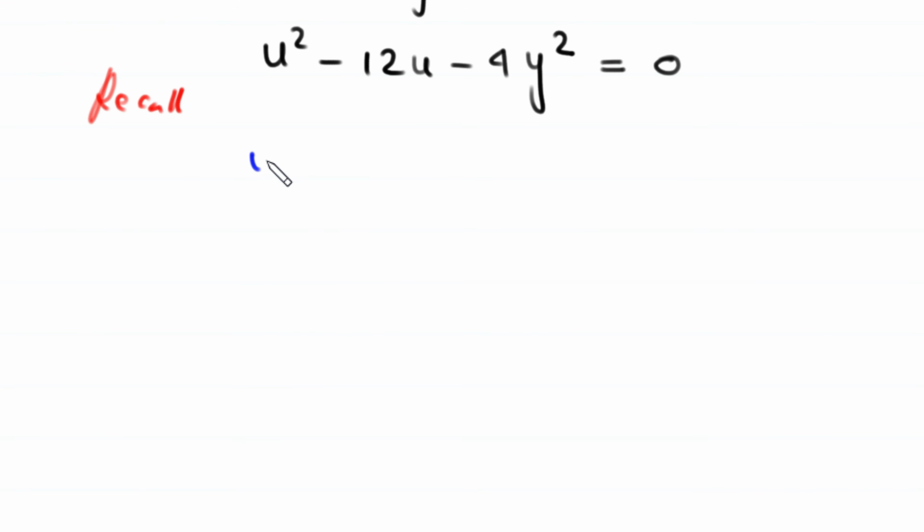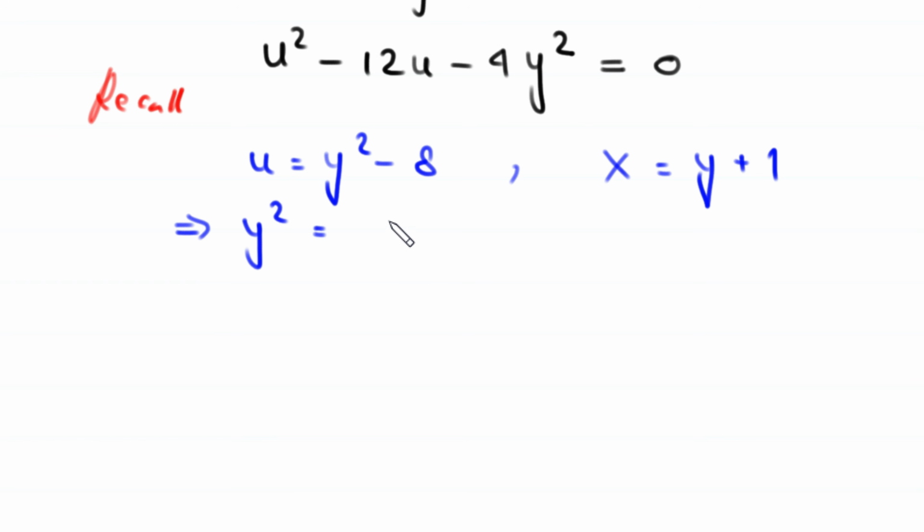We have supposed that u is equal to y squared minus 8 and x is equal to y plus 1. From this equation, move this negative 8 to the left hand side. This implies that y squared equal to u plus 8.